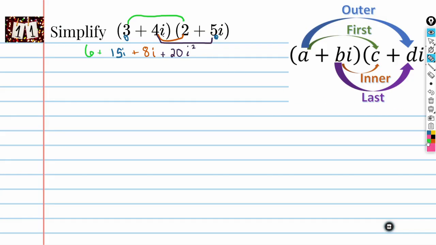And so we talked about that i squared is equal to -1. So therefore, 20 times -1.